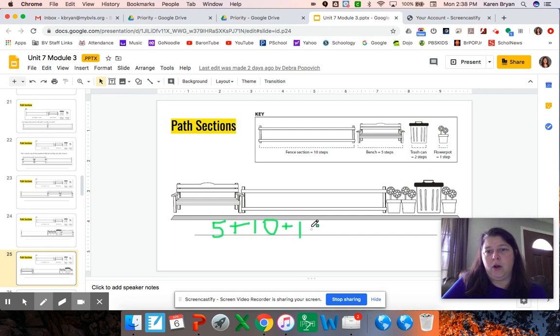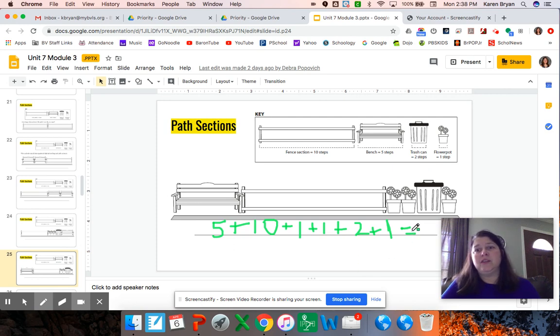So we have 1 plus 1. And now we have that trash can. Trash can was new to us today. 2 plus 1 more flower pot.